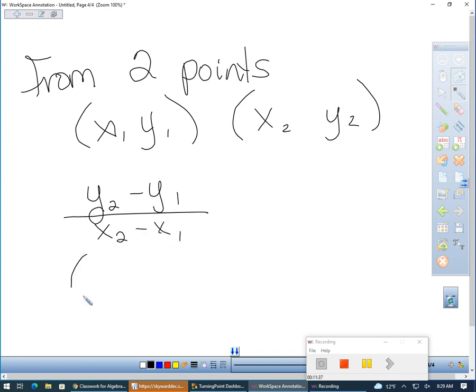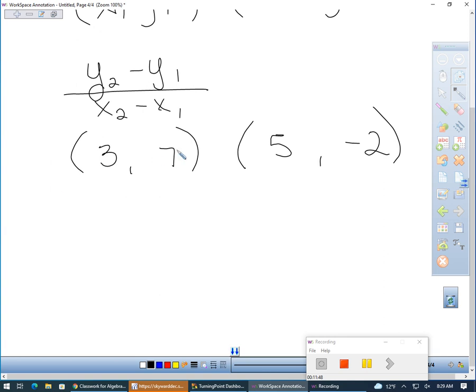Okay, so if I had the points, let's say 3, 7, and a point 5, negative 2. All right, so this first point, I'm going to label as my x1, y1. The second one is my x2, y2.